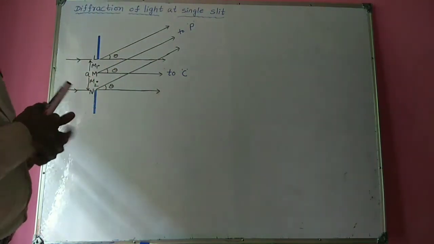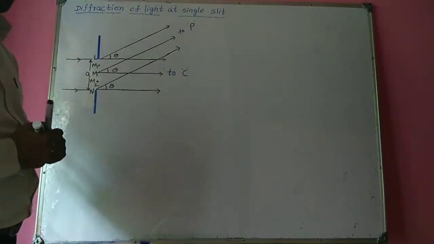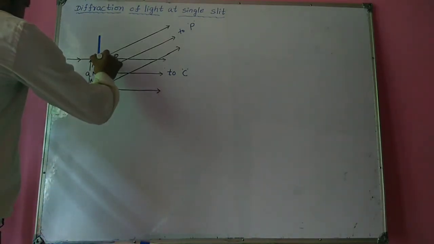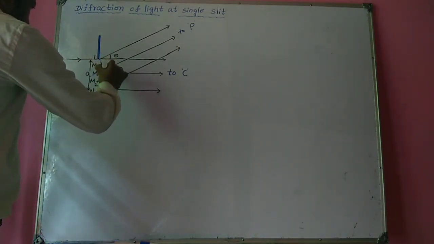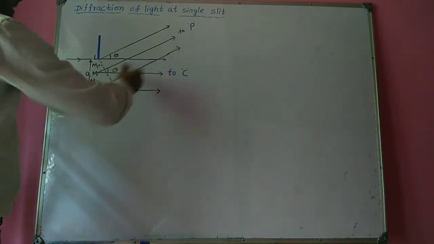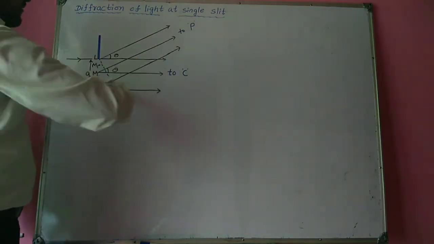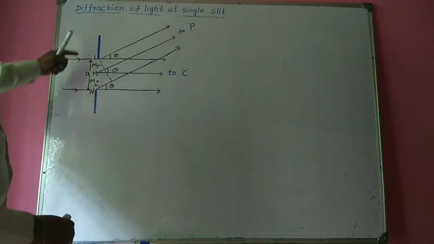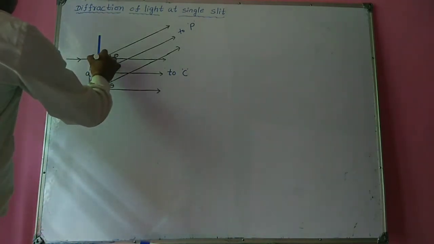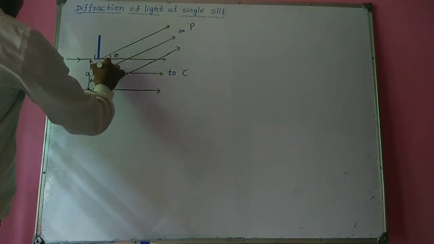Now, let us find the path difference. For that, let us draw a normal from L onto the NP wavefront. Now let us consider the angle here as theta.